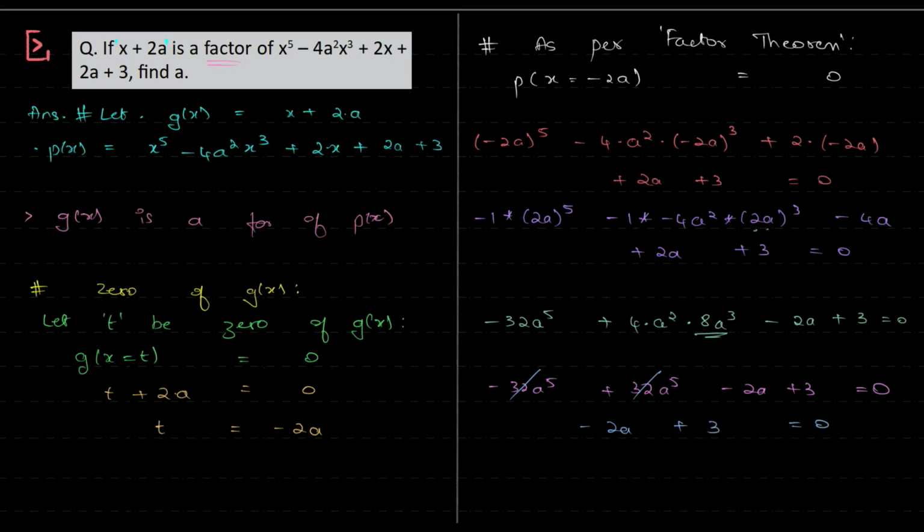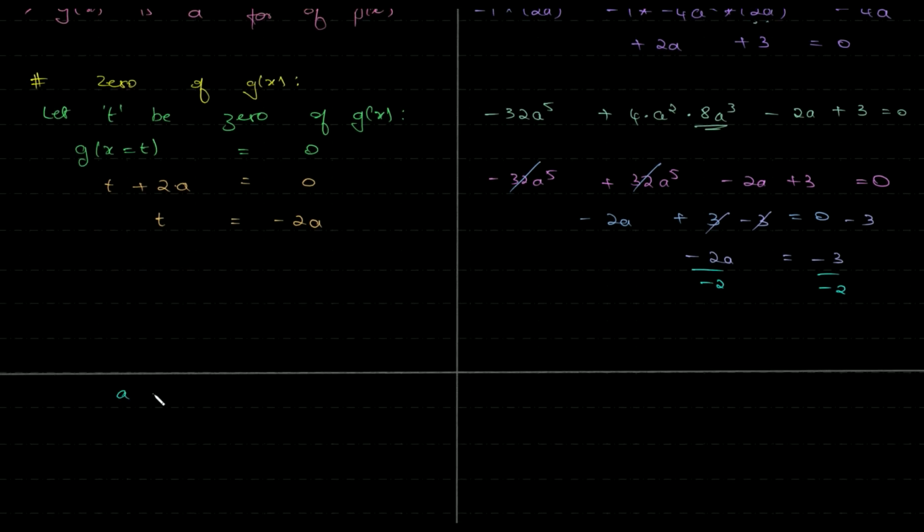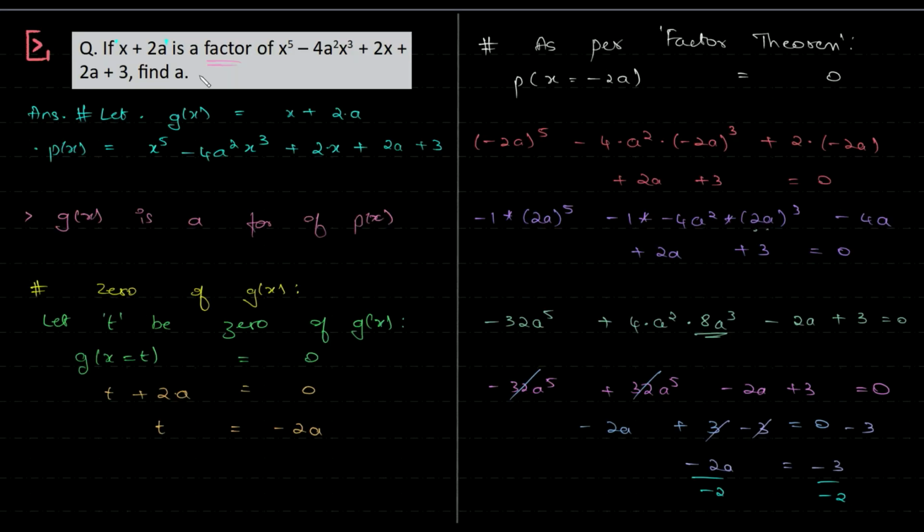How do you solve this? All we have to do is subtract 3 on both sides. Minus 2a is equal to minus 3. Then divide by minus 2 on both sides, and so a is equal to plus 3 by 2. Is that the question? Find a. That's it.